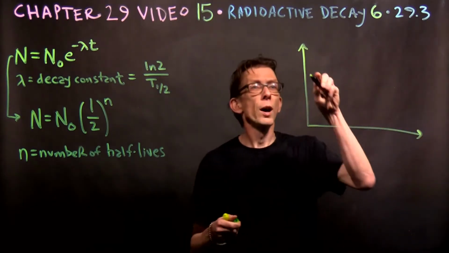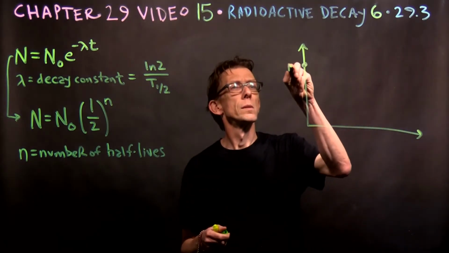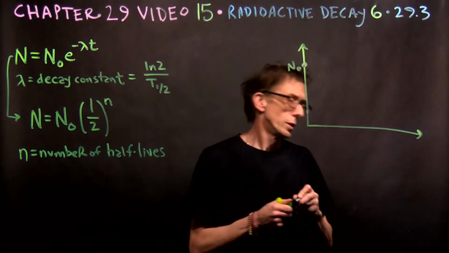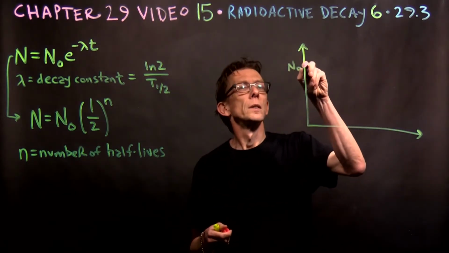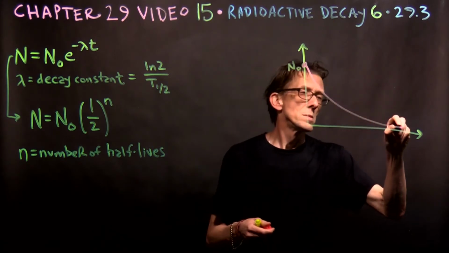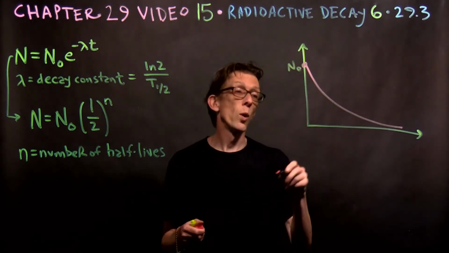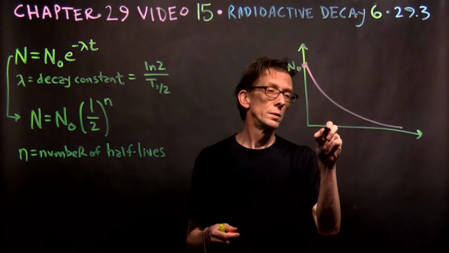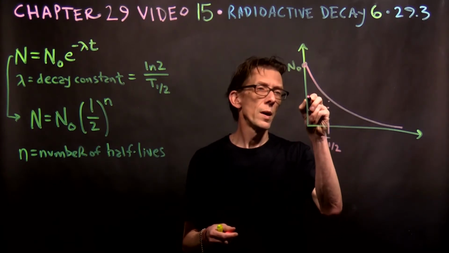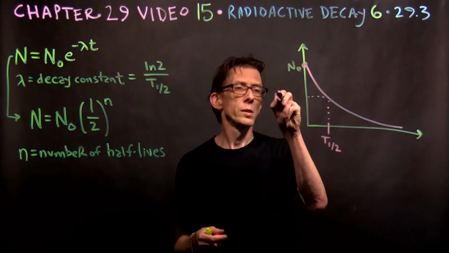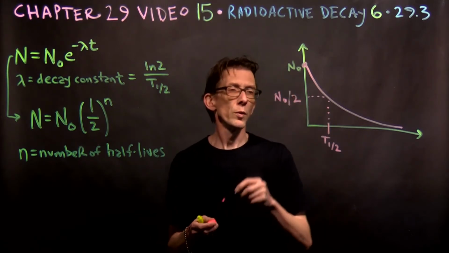All right, you start with N naught. Get a different color here. N naught looks like that. So after 1 half-life, you have N naught over 2, right?